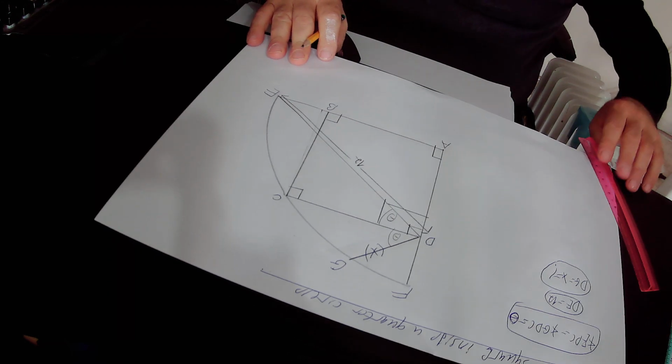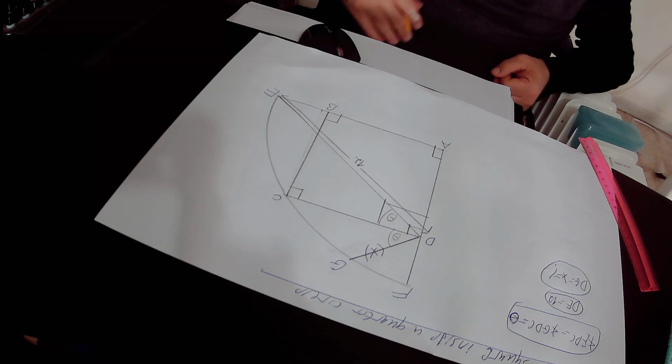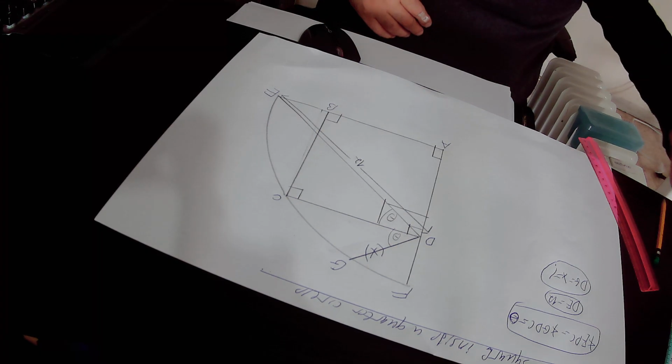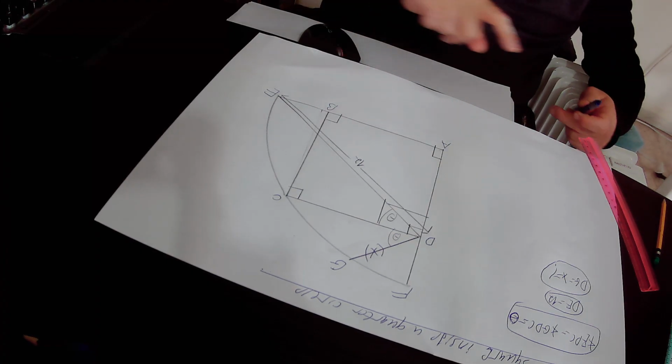In addition, we know that the opposite sides of a square are parallel to each other. So in square ABCD, side DC is parallel to side AB. So I write it down.